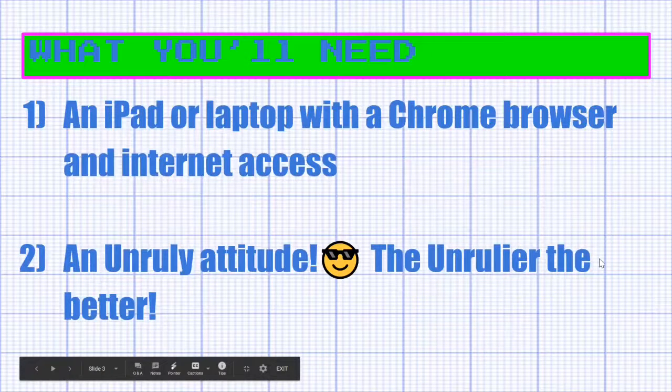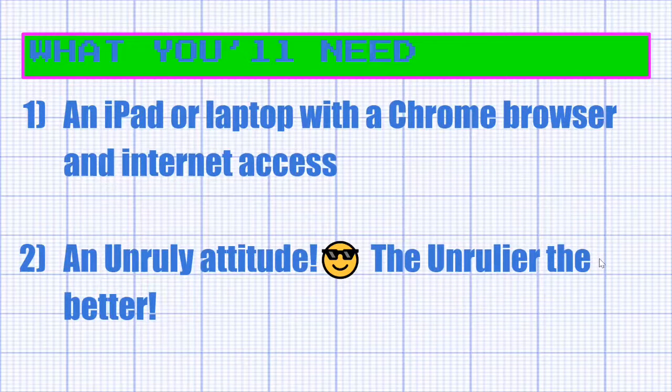All right. So what you're going to need is an iPad or a laptop with Chrome browser and internet access. Obviously, hopefully you have that already if you're on this presentation. Also, you're going to want an unruly attitude. Lauren, can you explain that a little more? An unruly attitude means you're not afraid to make mistakes. You're ready to crush some bugs.